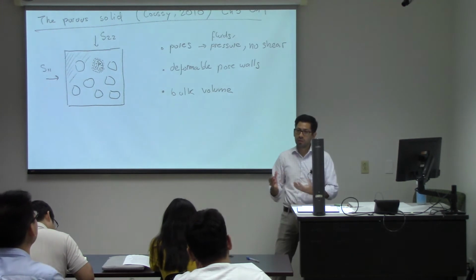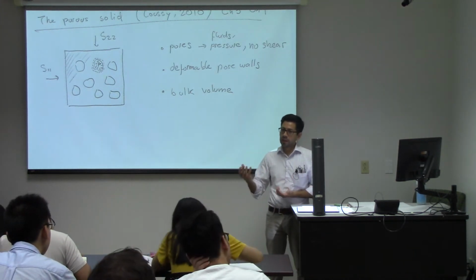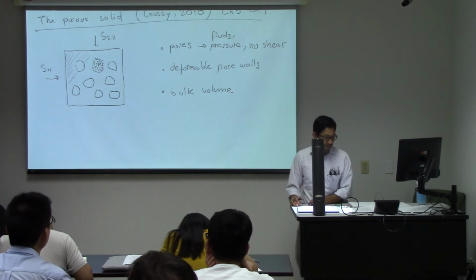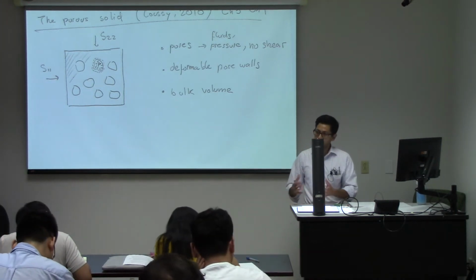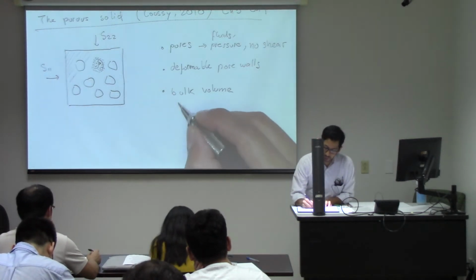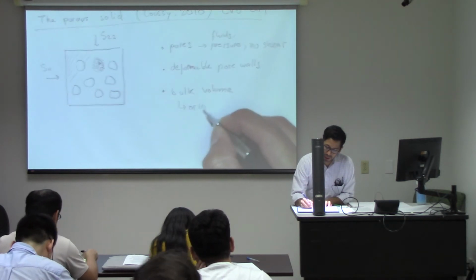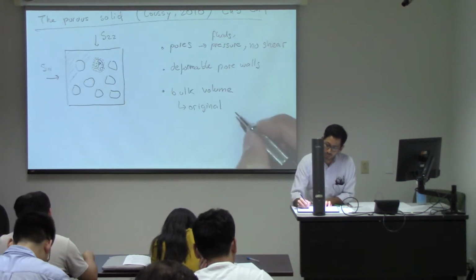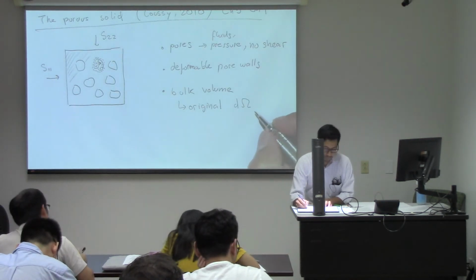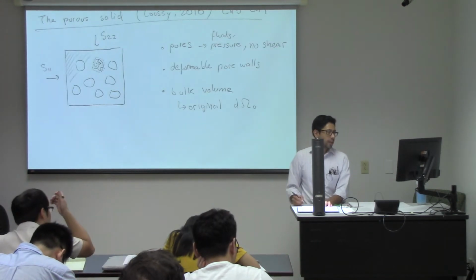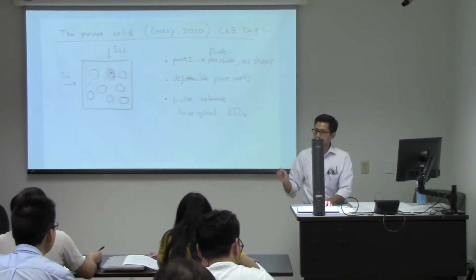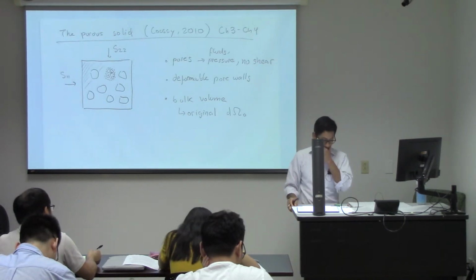So when you say something is bulk, it means that you're just getting an average value of something which is heterogeneous, and you're averaging a quantity just to get a bulk amount. So for the bulk volume, we're going to consider the original bulk volume, we're going to call it a differential of omega, and we're going to add the sub-index zero there to say that that's the original volume. Okay?